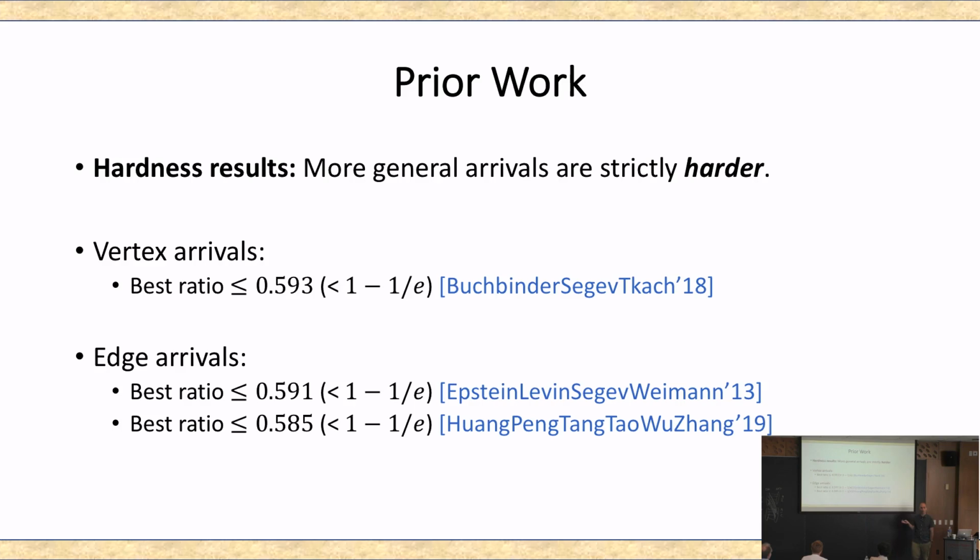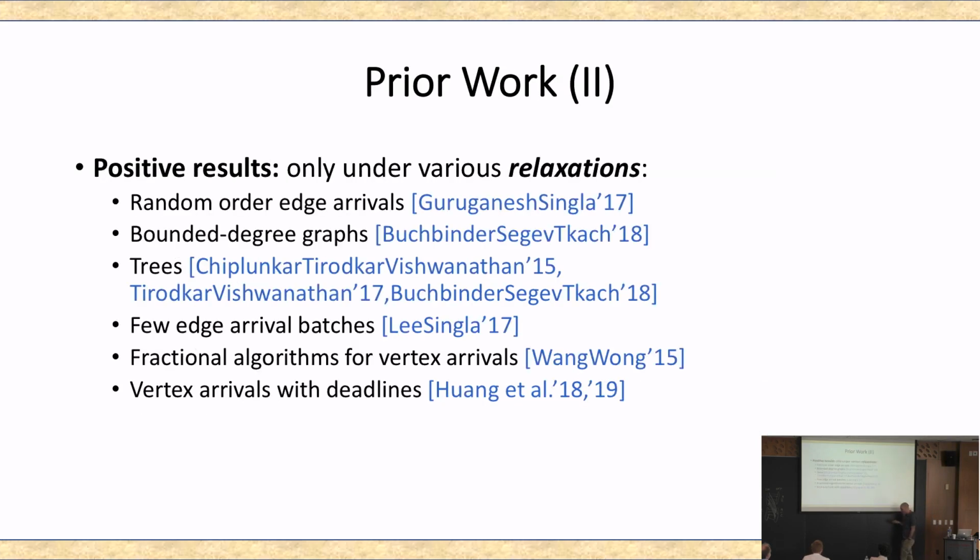That rules out recreating or generalizing Karp et al.'s beautiful algorithm to these more general arrival models, but it doesn't rule out a better than 1/2 competitive algorithm. Maybe there's something else you could do. Despite this problem having been studied a lot over the years, the only positive results we have are under all kinds of relaxations and assumptions, either about the input or otherwise.